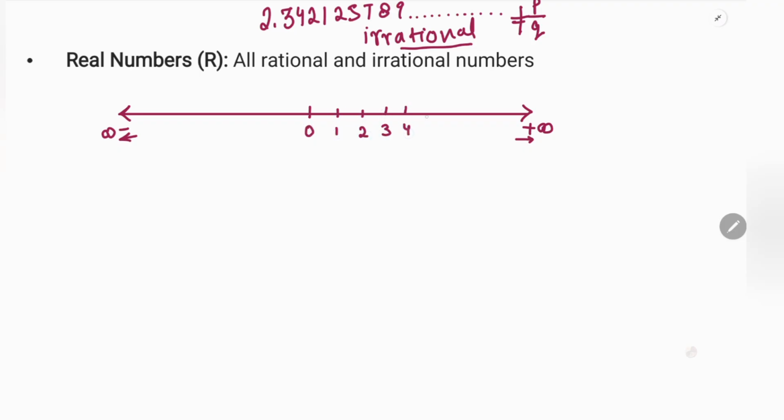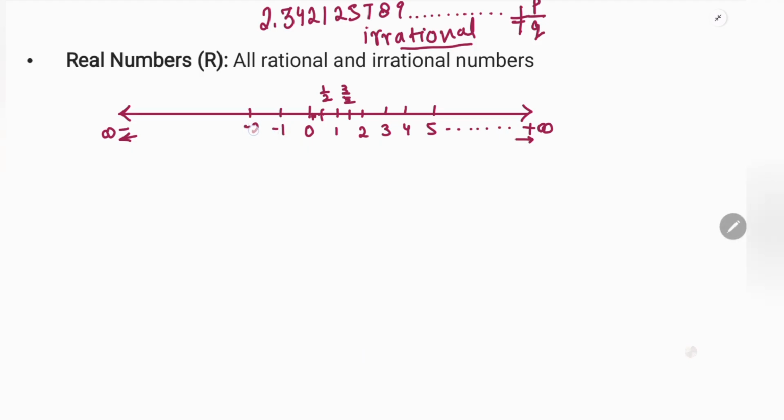Though I am writing only natural numbers here, it doesn't mean that it has only natural numbers. It has 0.1, 0.2, 0.3, 0.4, 0.01, like it has small decimals as well. It has fractions like 1 by 2 is here, 3 by 2 is here. So it has fractions and all those numbers, rationals, irrationals, all those numbers lie on this real line.